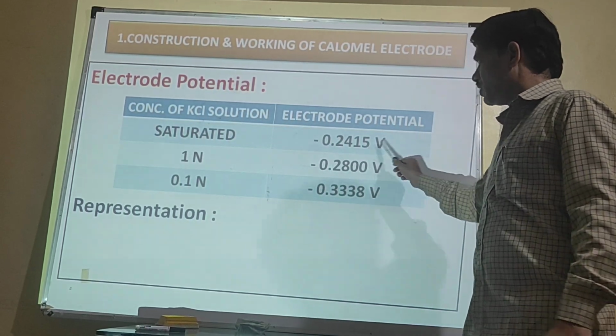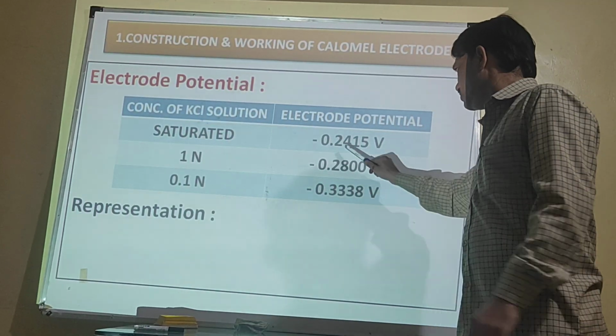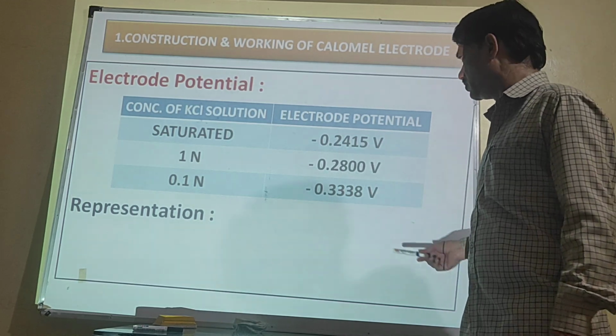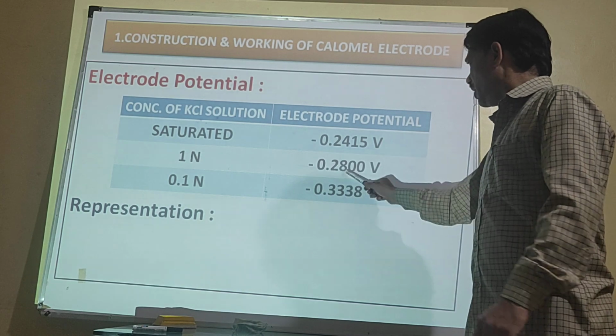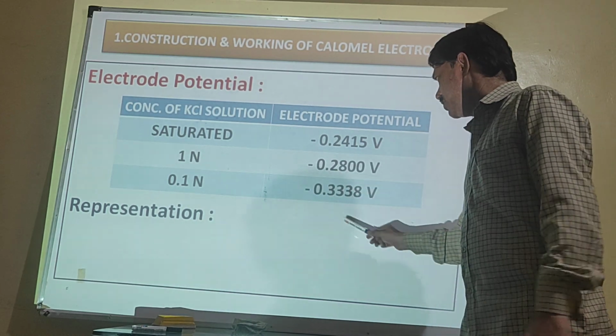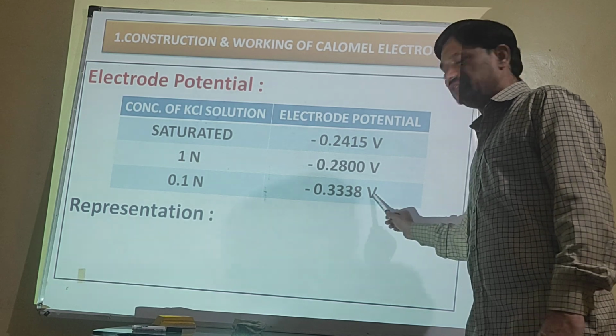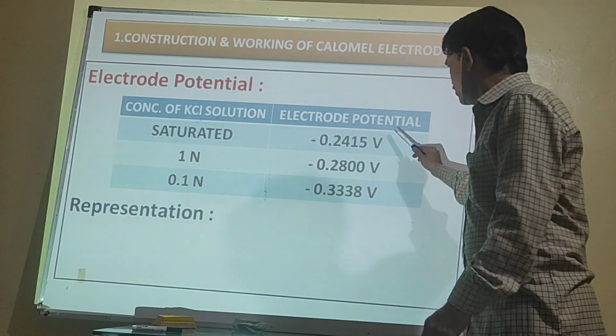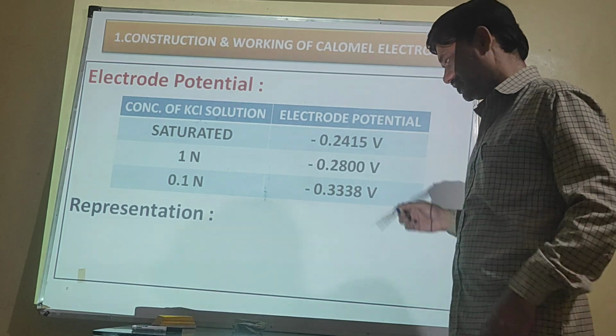Minus 0.2415 volt, or in some texts only the first two digits are given, minus 0.24 volt. When it is 1 normal, minus 0.2800 volt, and when it is 0.1 normal, it becomes minus 0.3338 volt. So if the concentration of KCl changes, there is a change in electrode potential.